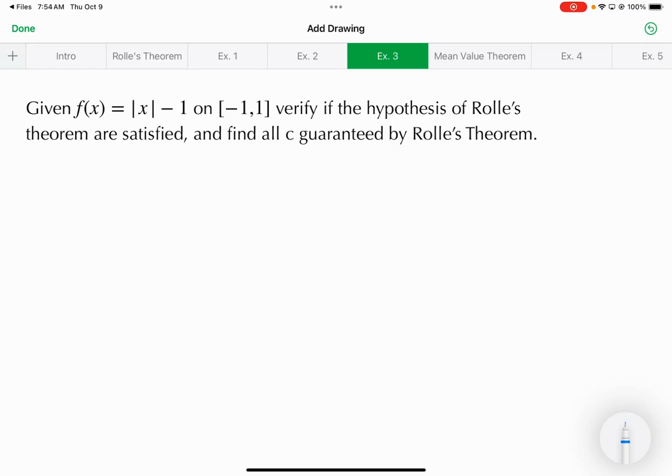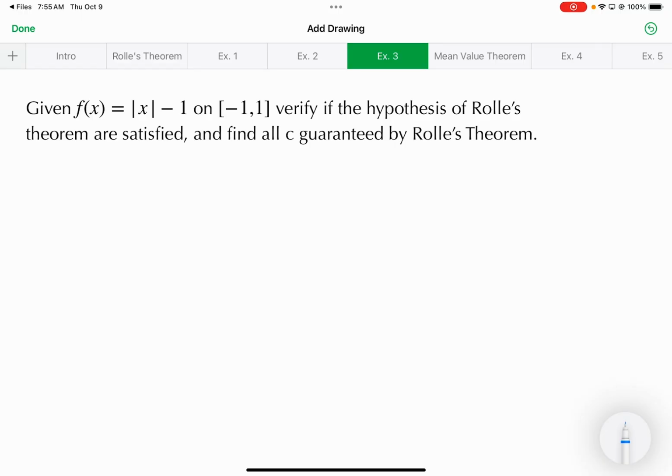So think about what this process would look like if we were to fully flesh that out. We can say it's continuous because it's a composition of continuous functions, so we're cool there. However, to check if it was differentiable, I would have to set it up as a piecewise function and then take the derivative of that piecewise function. For each of your cases, one of them would be 1, and then since I have absolute value of x, I'd have to hit it with a negative, so the other derivative would be -1, and we would see that those two clearly don't equal each other when x equals 0.